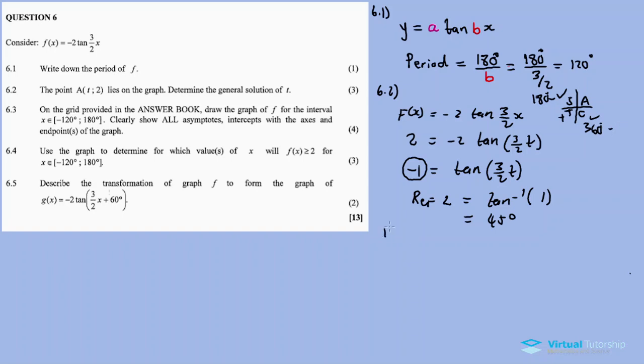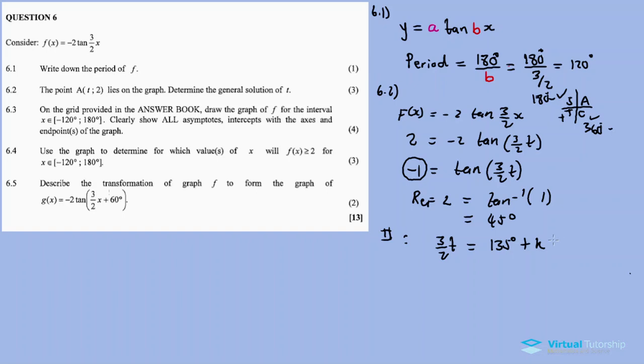So for the second quadrant, our answer will be 3 over 2t, remembering this 3 over 2t is the angle of tan. The reference angle is 45 degrees, so 180 degrees minus 45 degrees is 135 degrees.